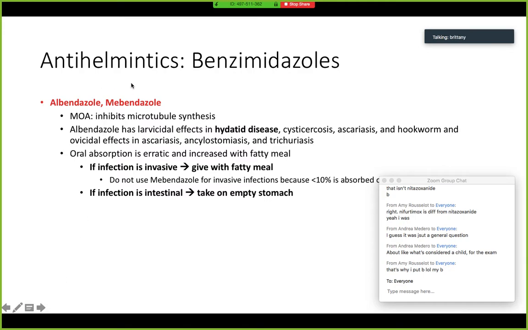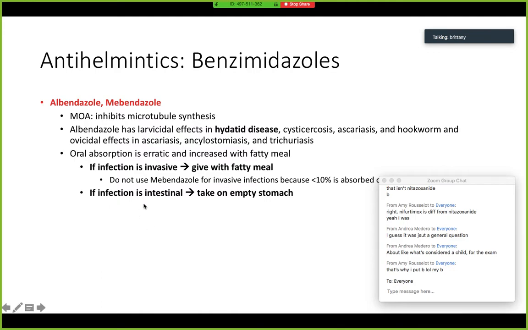Your antihelminthics, so your benzimidazoles, so albendazole. The big thing she pointed out here is the fact that oral absorption can be increased with a fatty meal. And so when do you want to do that? If the infection is invasive, you want to give it with a fatty meal because it's going to increase absorption and get to the rest of the body, not just the gut.